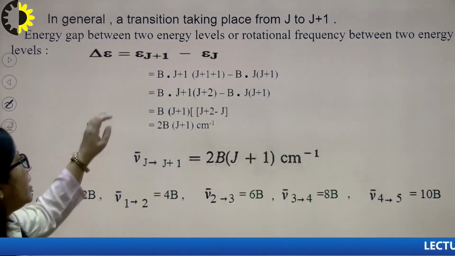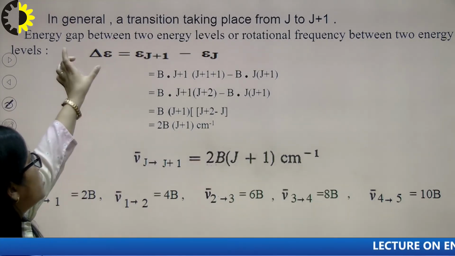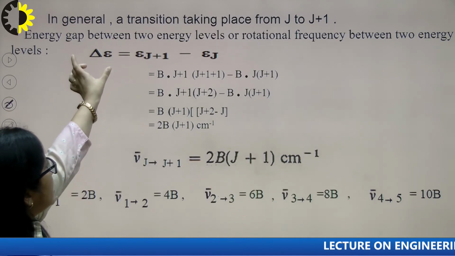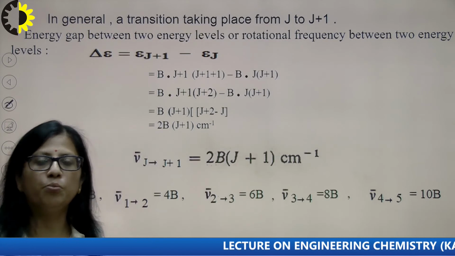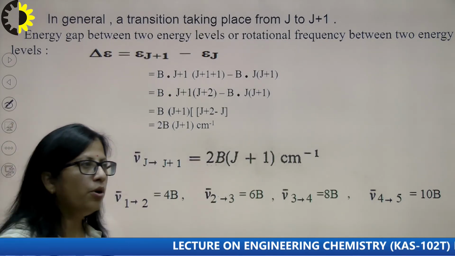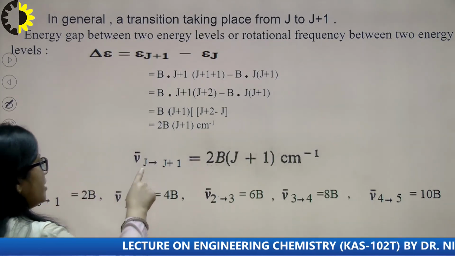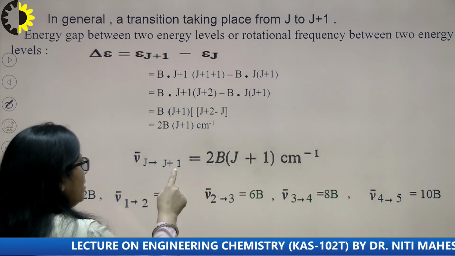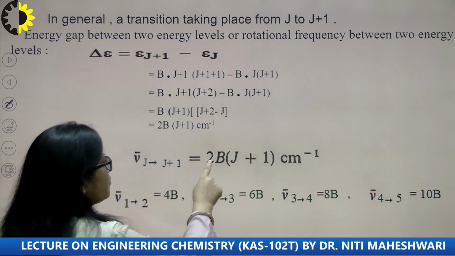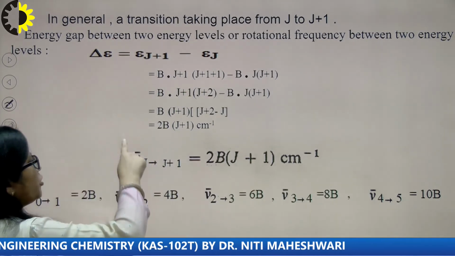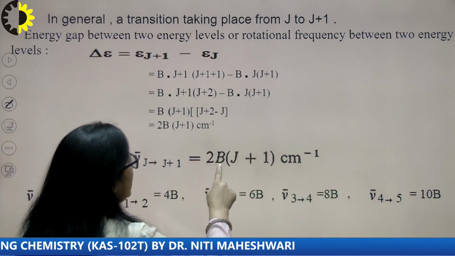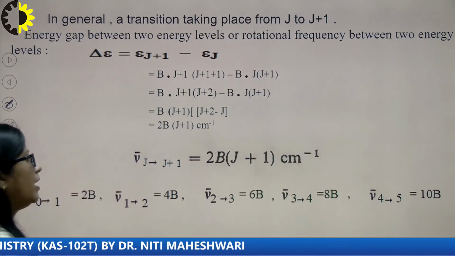So, on calculation of these, we will get the energy gap, which is going to become 2B into j plus 1. So, on changing from j to j plus 1, our wave number changes by 2B into j plus 1. The energy difference is going to be given by 2B into j plus 1 centimeter inverse.